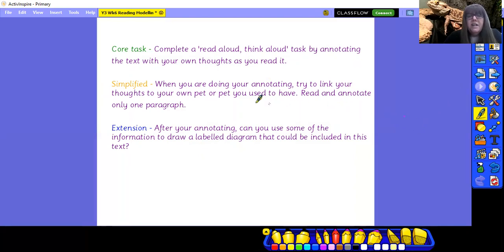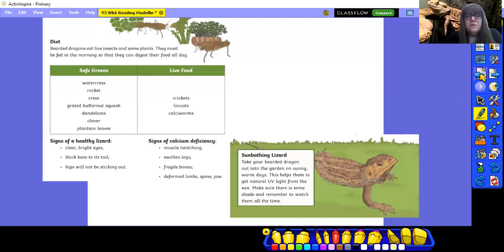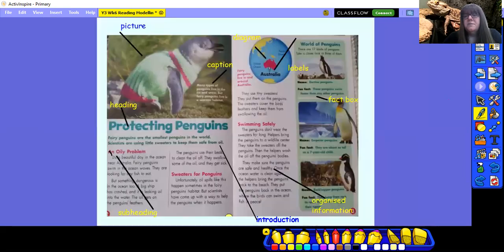I've also asked you to think about your own pet or a pet that you used to have to help you look at the lizard. For example, when you're looking at the lizard text and it talks about the diet that it has, you'd be thinking about what your animal likes to eat, because that's how you can link yourself to the text from your experiences.